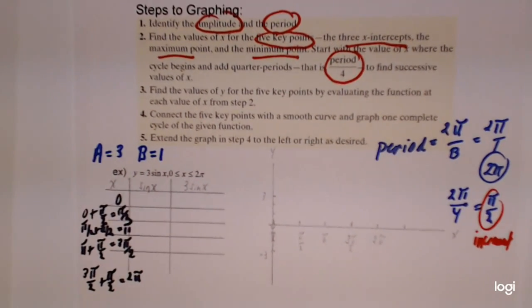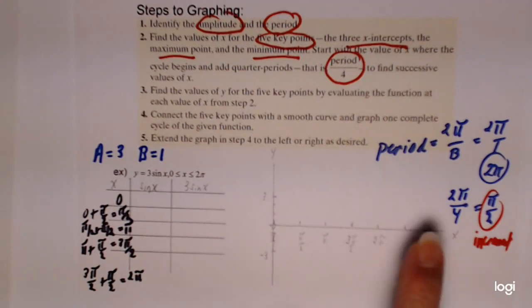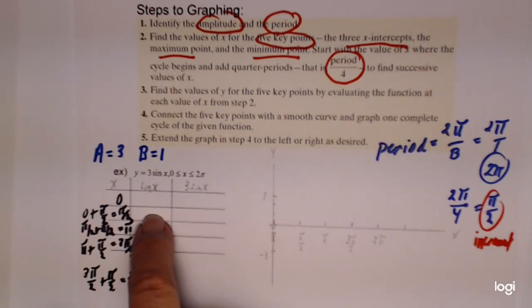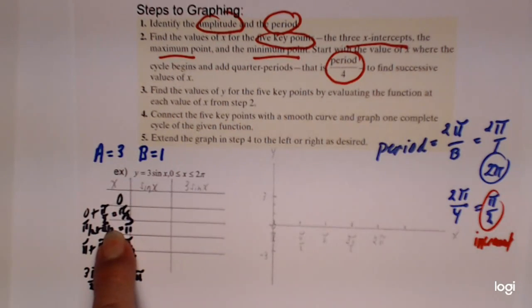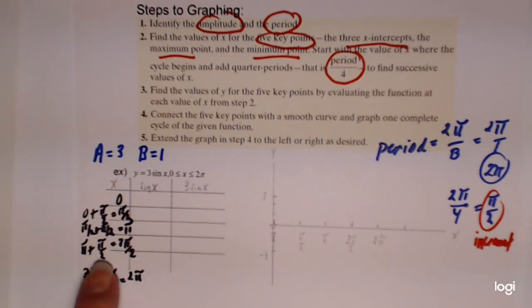In this case, it was 0. And then you just continue to add the increment. So 0, pi over 2, 2 pi over 2, which reduces to pi, 3 pi over 2, and then 3 pi over 2 plus another pi over 2 gives us 4 pi over 2, or 2 pi. So we have our 5 key values in terms of x.